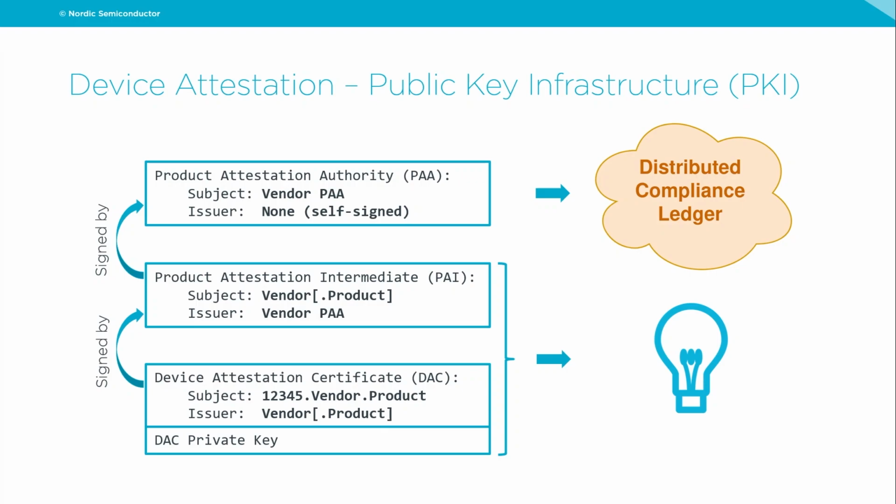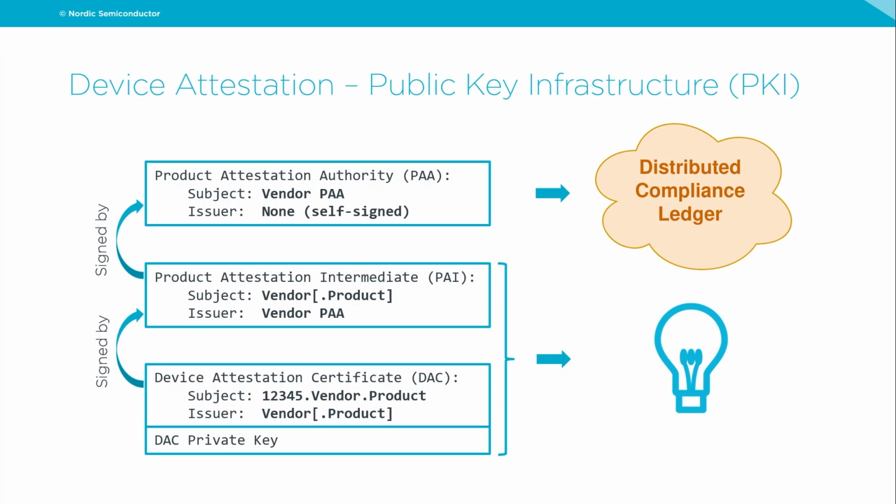Now let's discuss how devices are attested. For this purpose, Matter uses a well-known public key infrastructure scheme, PKI, which you may be familiar with from browsing the internet. The device attestation PKI hierarchy consists of the Product Attestation Authority, PAA, the Product Attestation Intermediate, PAI, and the previously mentioned Device Attestation Certificate, DAC.